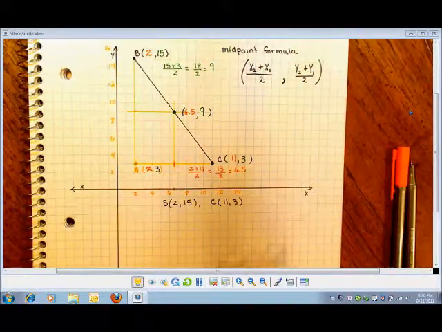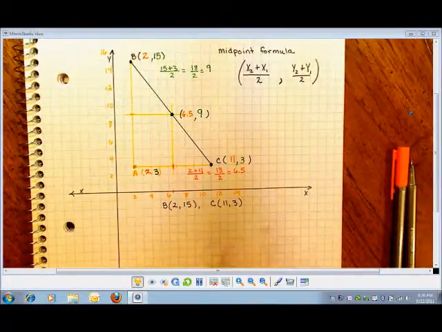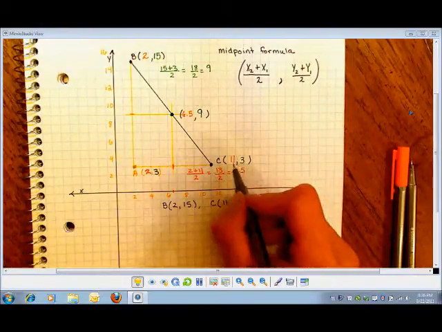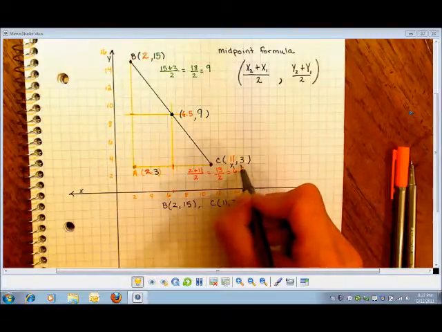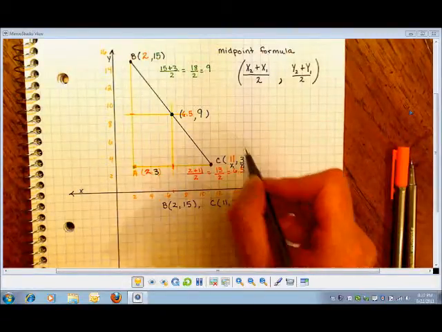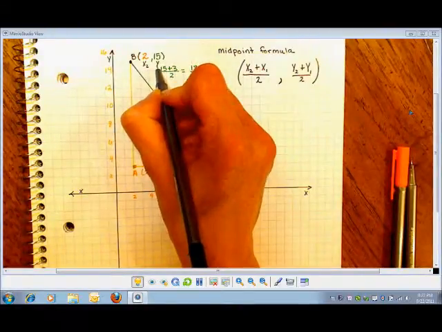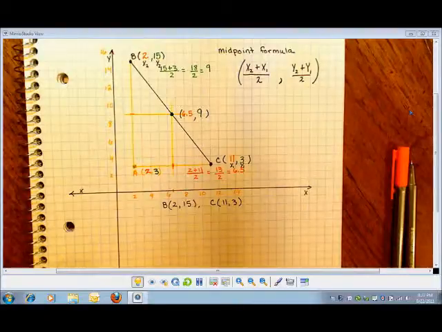So let's do the same thing we did, but this time let's just use our coordinates. I'm going to label this x1 and that y1, and this x2 and this y2. Now we're just going to substitute them in.